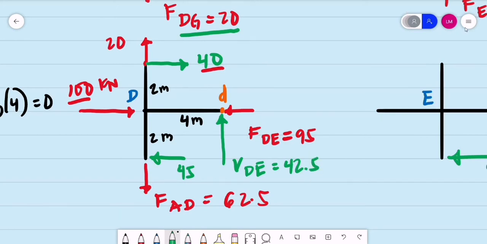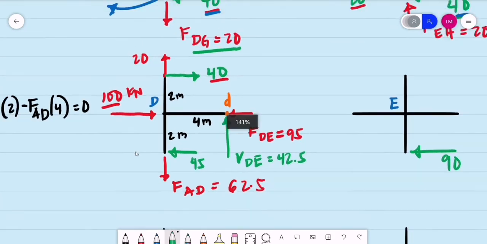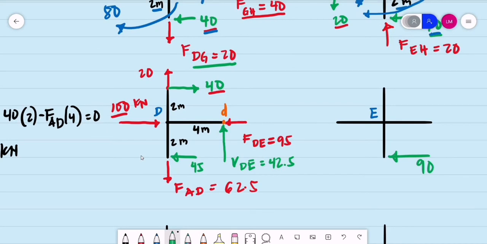Okay, so I think all forces are now complete at joint D. Let us check the equilibrium. When it comes to the moment, this is 40 times 2, that is the same as 80 kilonewton meter. The 45 kilonewtons times 2 is equal to 90 kilonewton meter. Then what is the moment caused by the shear force, the 42.5, about joint D?